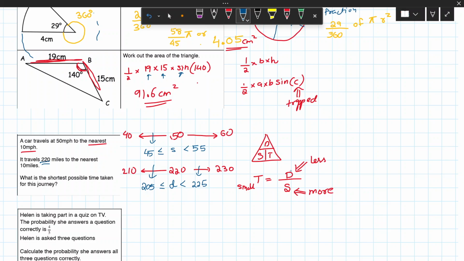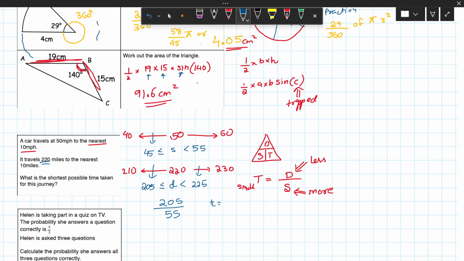So I'm going to choose the smaller value for the distance, which is 205, and I'm going to choose the bigger value for speed. So that's going to be 55. So if we do 205 over 55, that should be 41 over 11.